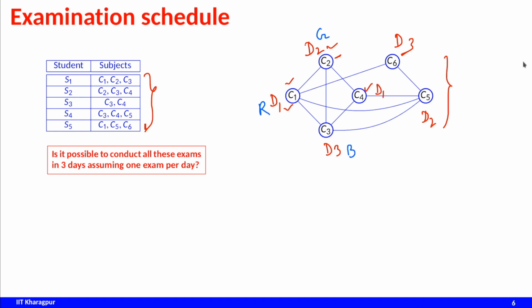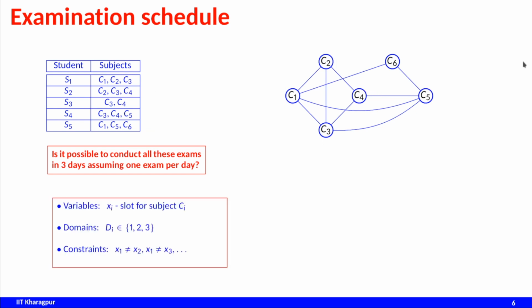So when I'm assigning colors, I need to ensure that the two nodes across an edge should not have the same color, or the two nodes that share an edge should have different colors. So these days are nothing but some kind of color that we are assigning. It is one of the famous computer science problems, known as the graph coloring problem.